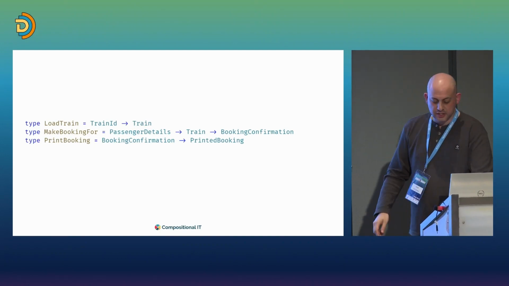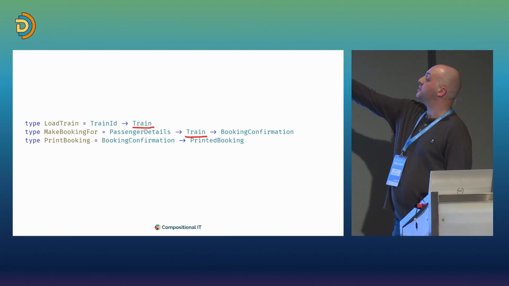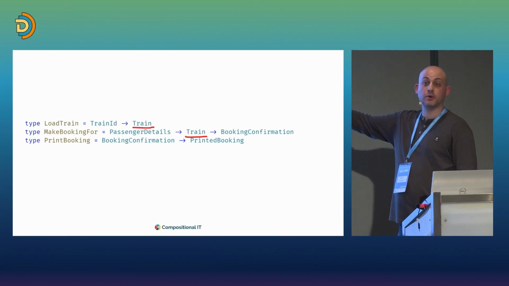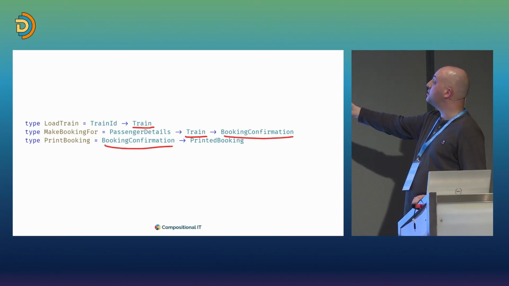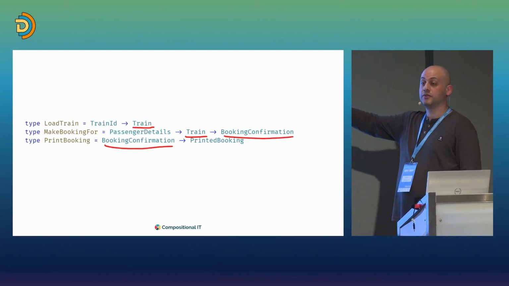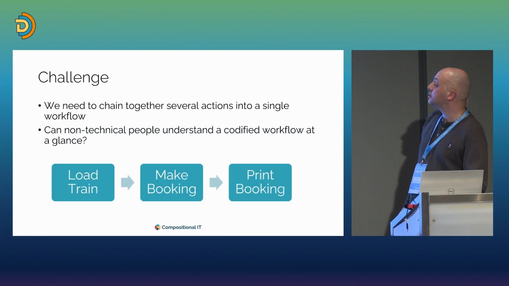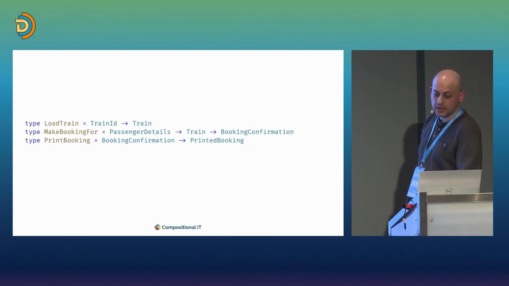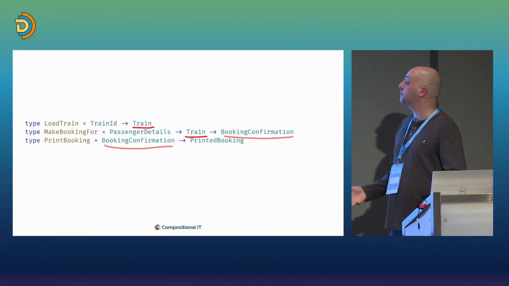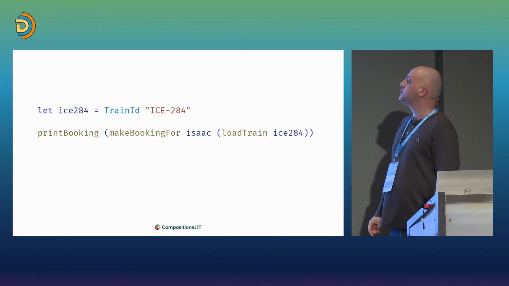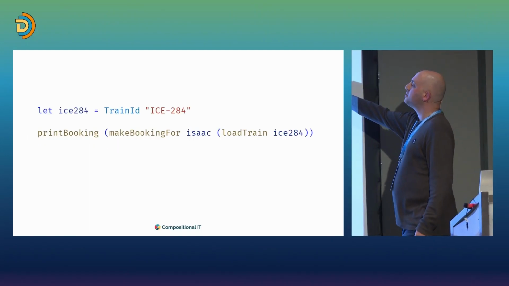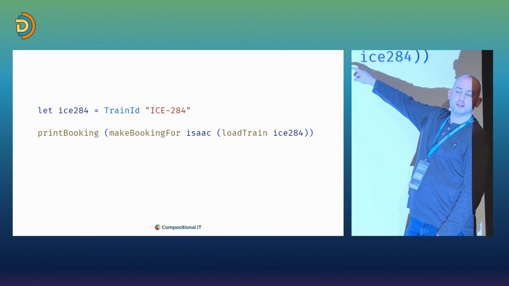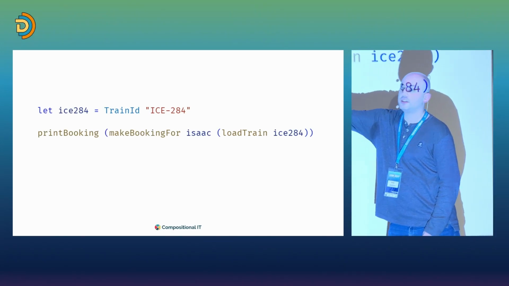And you can see these line up. So the output of the first one is the input of the second one. And the output of the second one is the input of the third one. So you can trace this to follow there. The problem is, and this isn't a functional thing, has anyone seen code like this where you put the thing that you start with on the right, and then that goes onto there and that goes onto there?